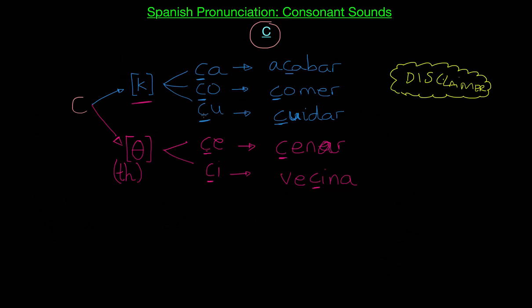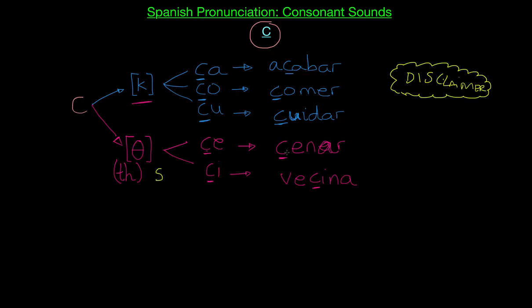The ka, ko, ku is the same for every Spanish speaker. The and thi will be different. In most of Spain, you will find the and thi. However, in the south of Spain, in the Canary Islands, and in the vast majority of Latin America, you won't find this pronounced as th. You will find it pronounced as an S, se. So these will be se and these will be si.